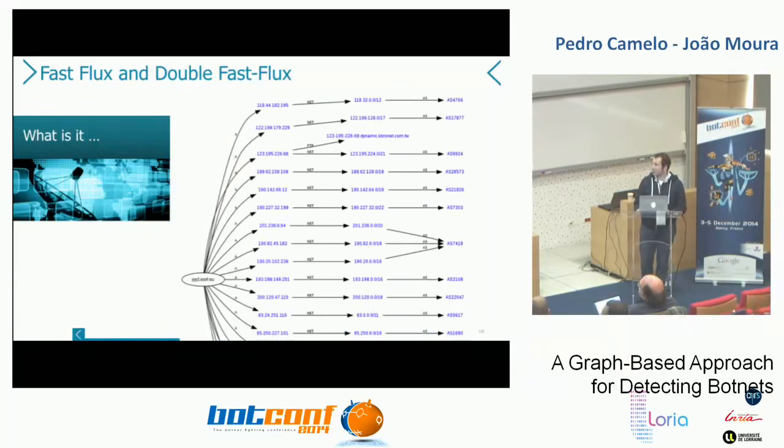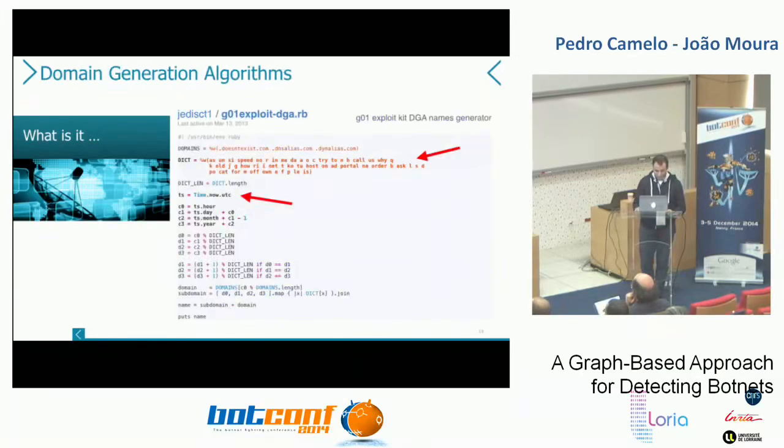So this is a typical fast flux. This is taken from Wikipedia. You are used to it, so I won't be explaining. But in a small phrase, it's just a lot of records for a small period of time, and this is done through a low TTL value. They have DGAs. Some of them are random based, some others are dictionary based.